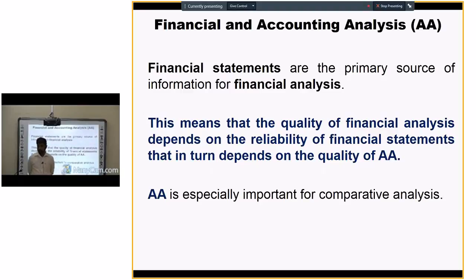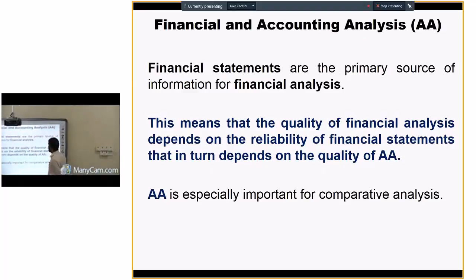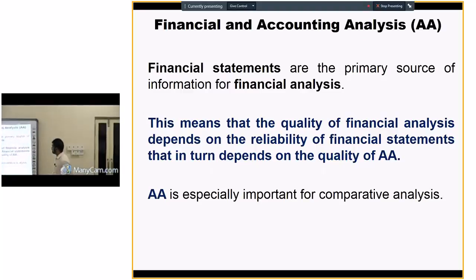Again, financial statements are the primary sources of information for financial analysis. Financial statements are the major source of financial analysis. This means that the quality of financial analysis depends on the reliability of financial statements, which in turn depends on the quality of accounting analysis.